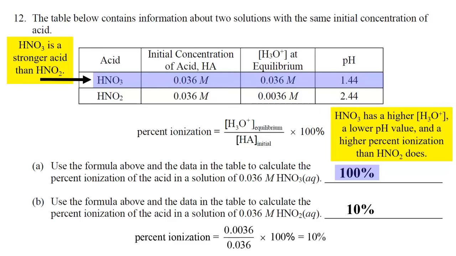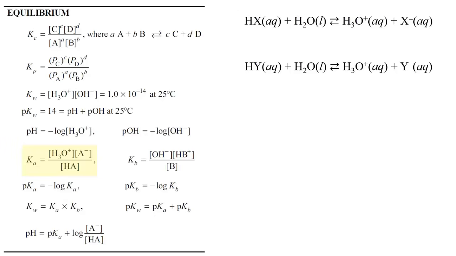Now, what about the Ka value? Well, here we can see the Ka, which is equal to the concentration of the hydronium ion times the concentration of A minus, or the conjugate base, divided by the concentration of that monoprotic acid.